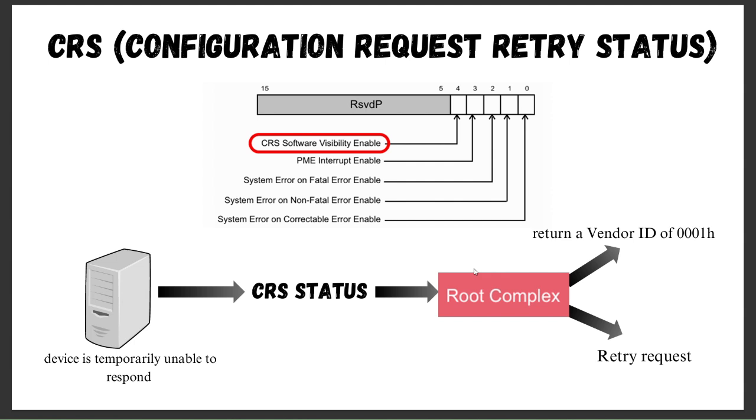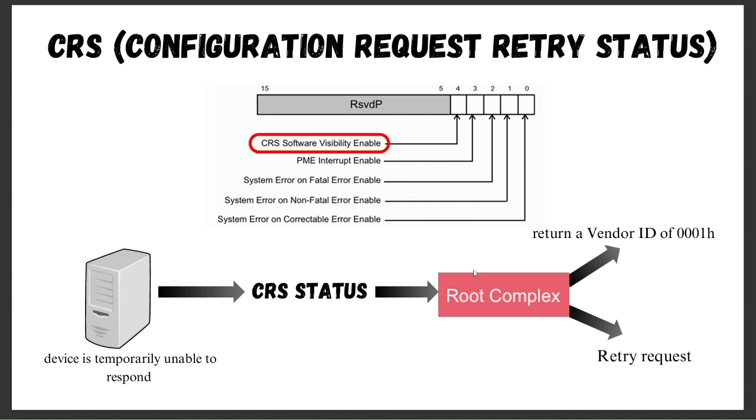There are cases when a device is not ready to respond. What happens in this case? After reset, PCI devices require some time to initialize before they can respond to configuration access.